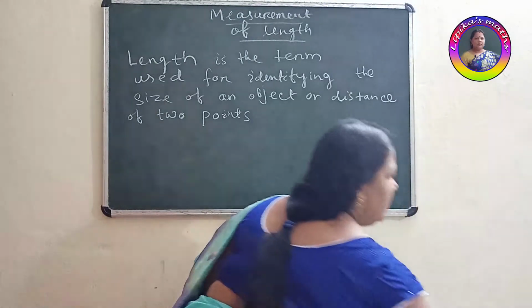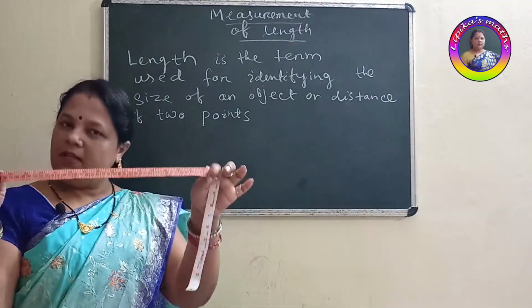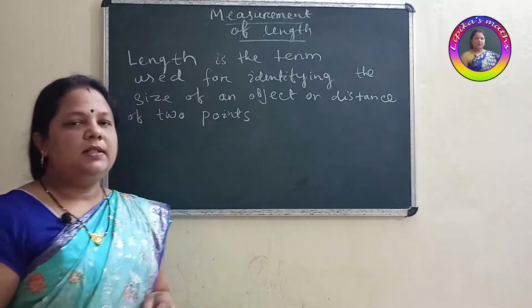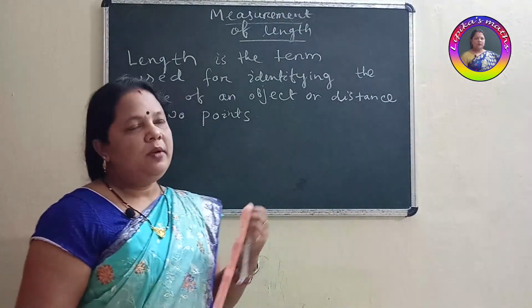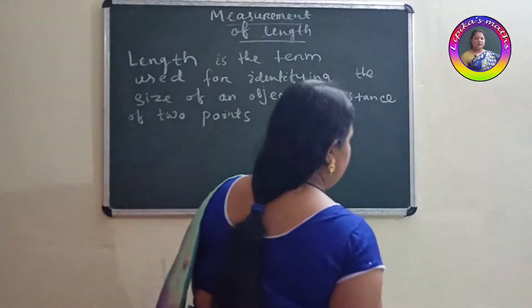Okay, what is the standard unit and how will we measure this? So children, nowadays we use a measuring tape, ruler and different things to measure the length of objects. So what exactly is it?